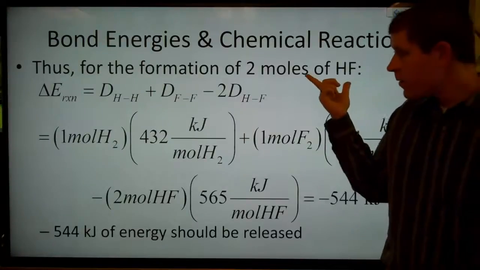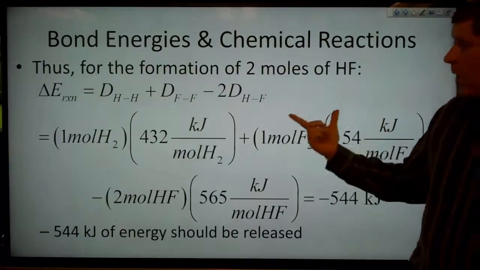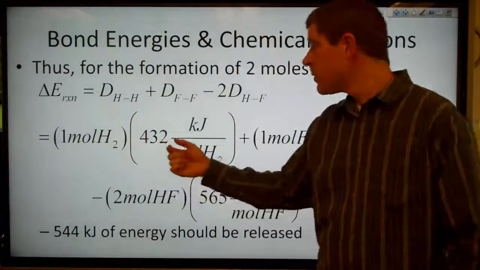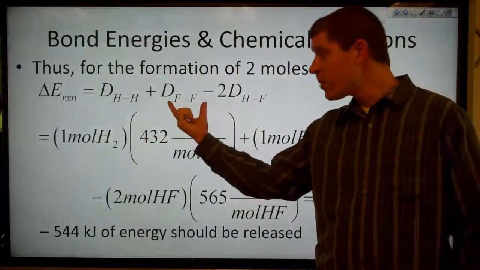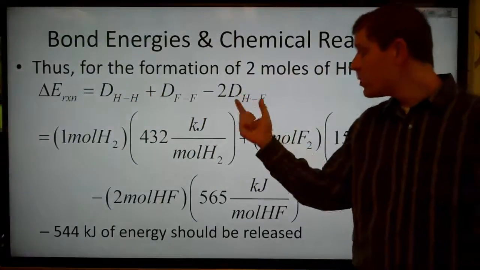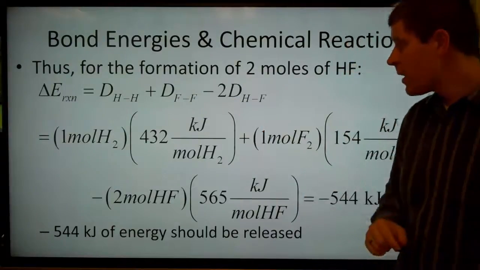If we look at the formation of 2 moles of HF, hydrogen fluoride, we have a case like this. We have the bond energy of the hydrogen-hydrogen bond plus the bond energy of the fluorine-fluorine bond, because we're breaking those. It's 1 times each of those, minus 2 times the bond energy of the HF bond.